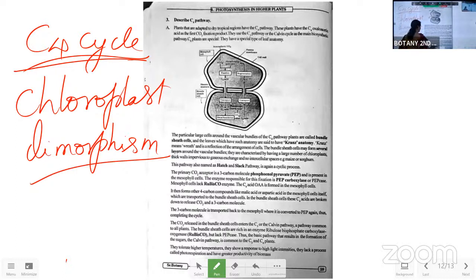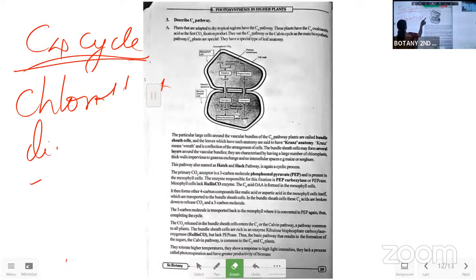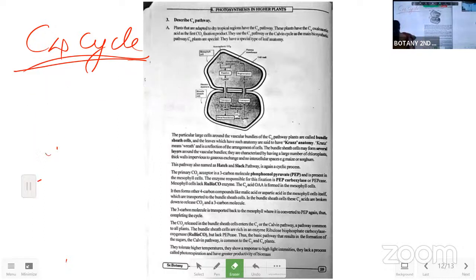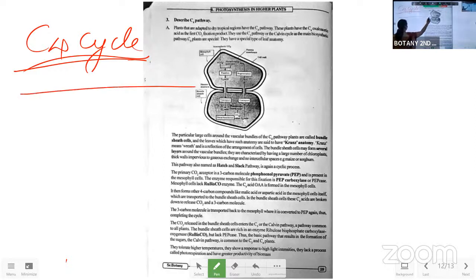Two types of chloroplasts are seen in the leaf: the mesophyll chloroplast and the bundle sheath chloroplast. In these two chloroplasts, the C4 cycle occurs. It starts first in the mesophyll chloroplast, goes into the bundle sheath chloroplast, and again comes back to the mesophyll chloroplast. We can explain this like this.